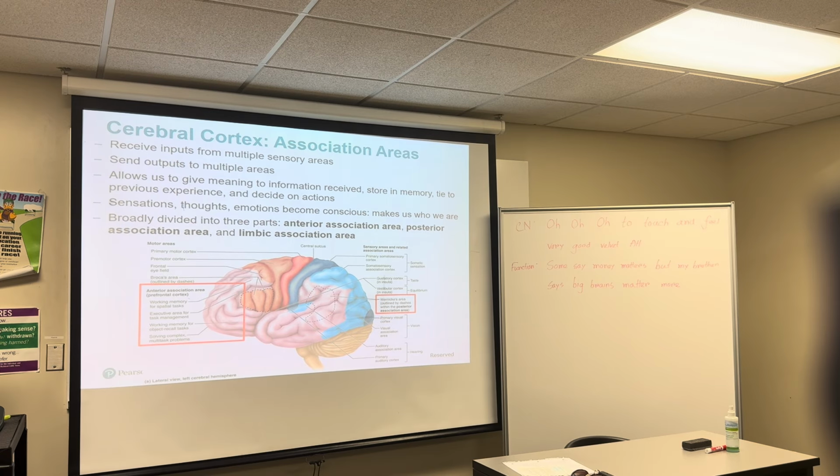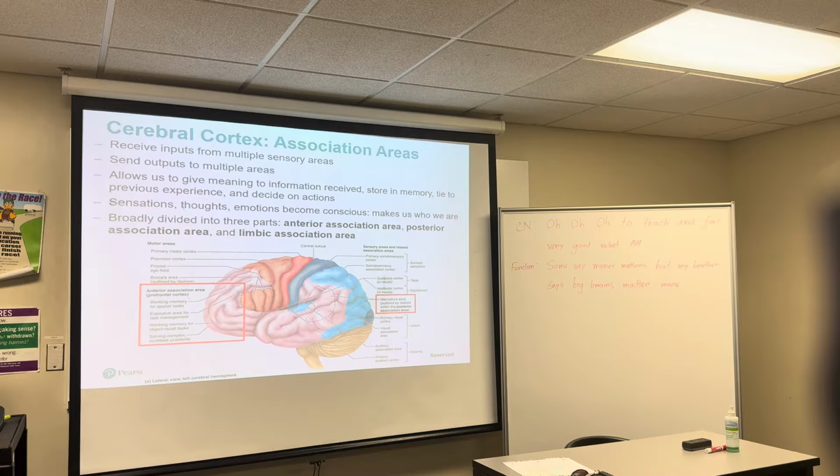Okay, so now let's talk about the association area. First of all, we talked about our motor areas, then we talked about the sensory areas. Now let's talk about the association area. When we say association area, what do we mean?